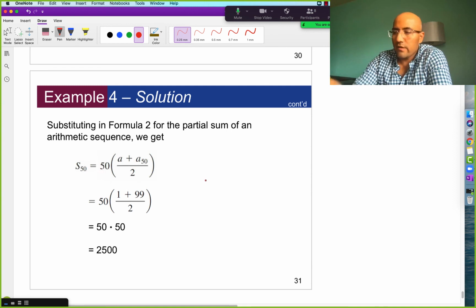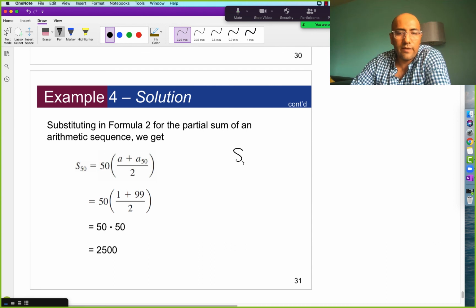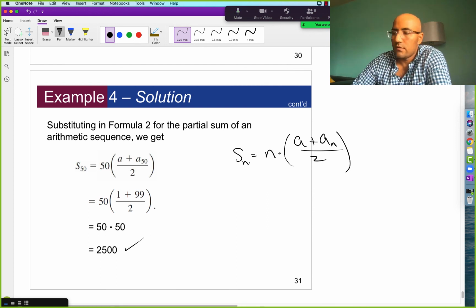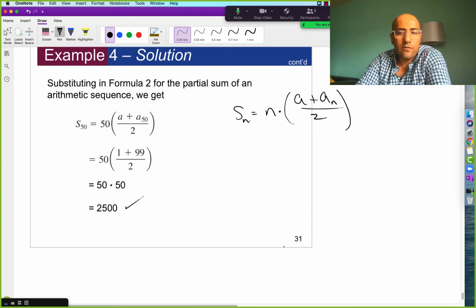This is the general formula of S sub n is equal to n times a sub 1 plus a sub n all over 2. Okay. So a sub 50, the 50th value, the last value is 99. A sub 1 was just 1. And so that gets us to the same answer as before. Any questions?